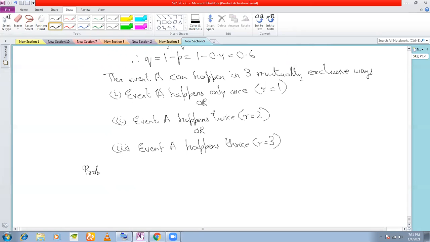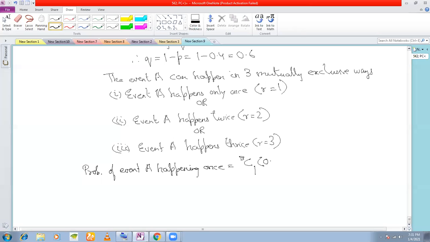Probability that the event A happens only once is equal to nCr. What is the value of n? 3. The value of r in this case is 1.